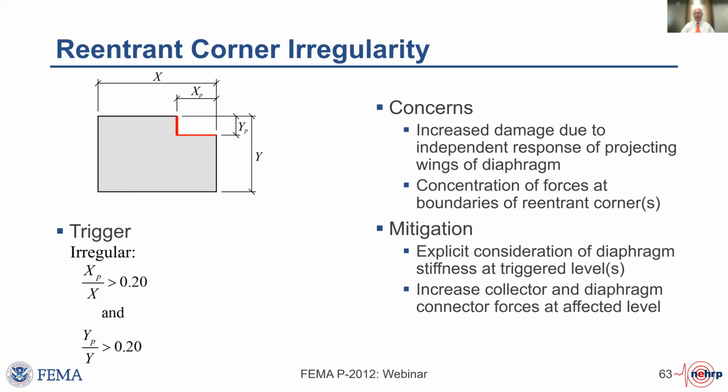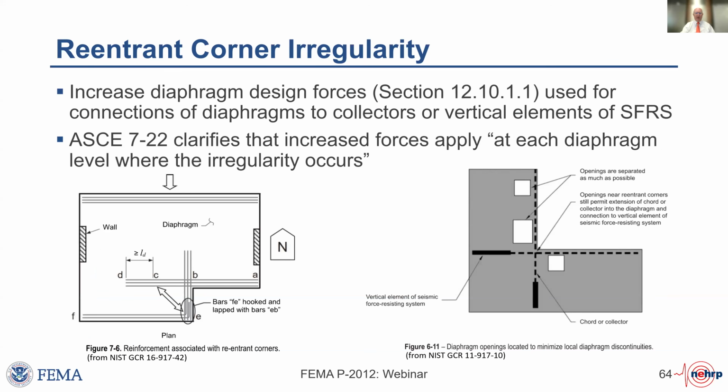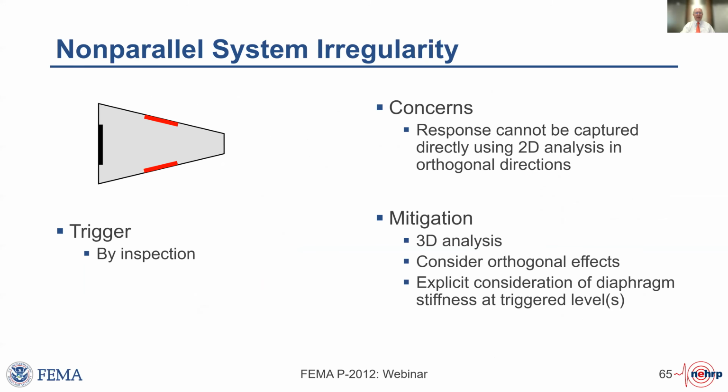We'd have to think about that explicitly in order to understand the problem. And then as a result, we probably end up with some collectors and chords in the diaphragm to resolve those increased demands. The non-parallel system, really, we mentioned before, it's not a structural performance issue. We just have to use a three-dimensional analysis to understand it, and that really is the issue.